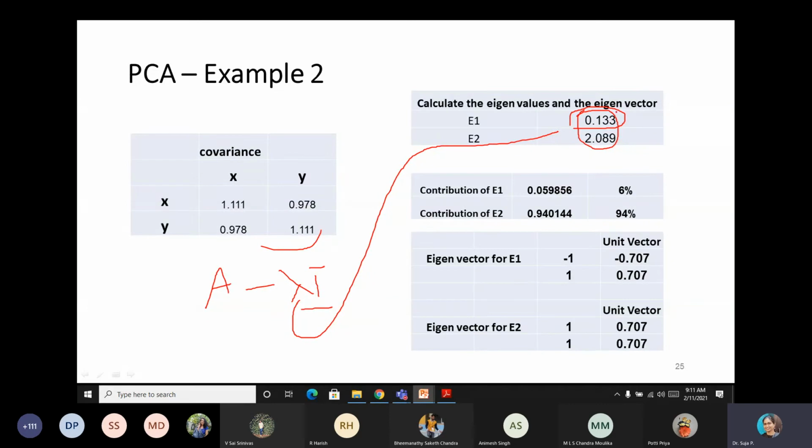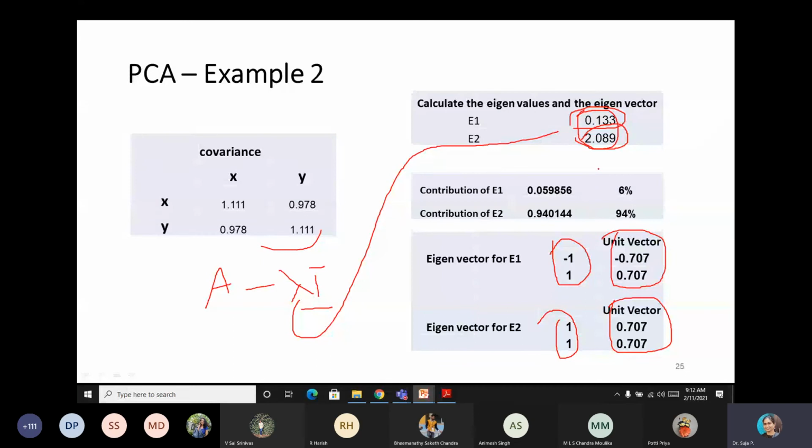Now once again you take the first value and substitute in the A, and then find the eigenvector, that is this one, and the unit eigenvector is this. This is 1 by root 2, 1 by root 2. That is, the first one is minus 1 by root 2, the second one is 1 by root 2. And similarly for 2.089, if you substitute in this, you will get the next eigenvector, and the unit eigenvector is this.